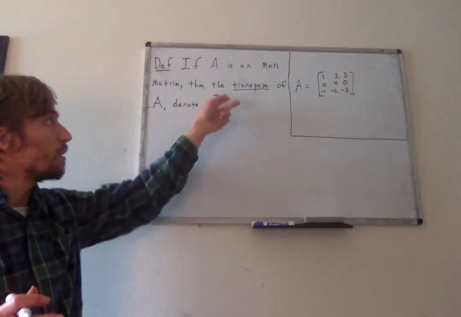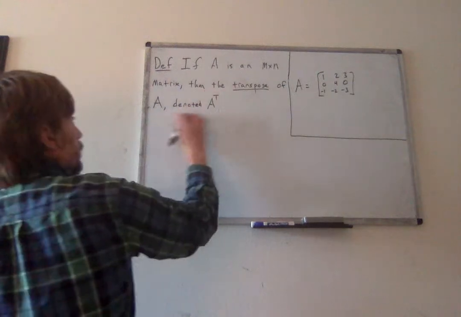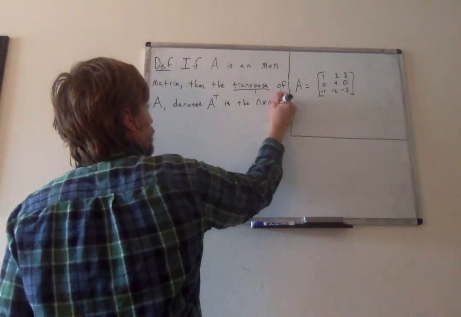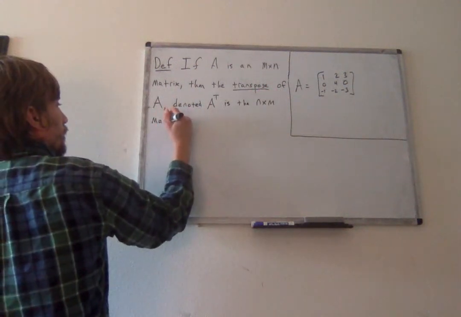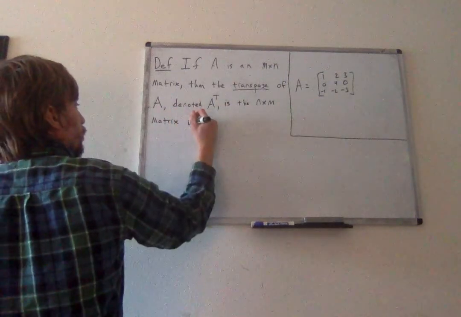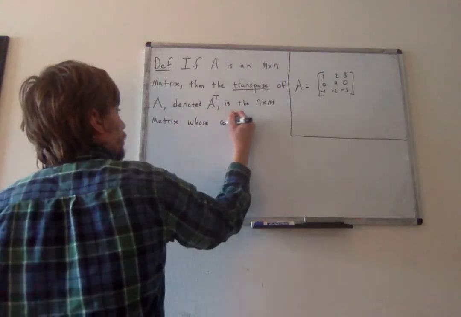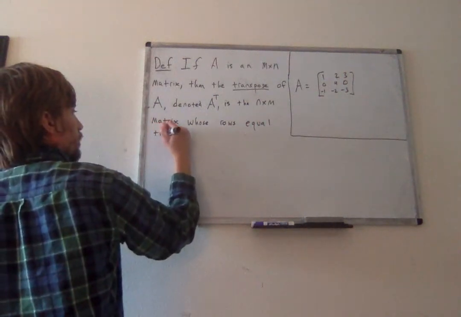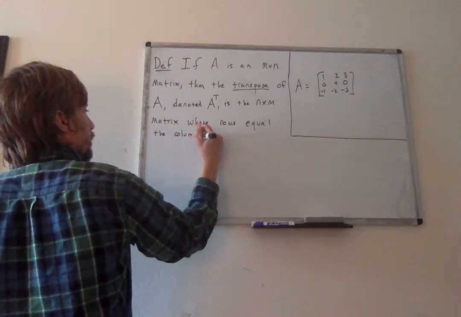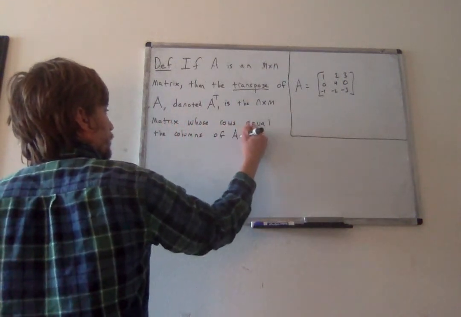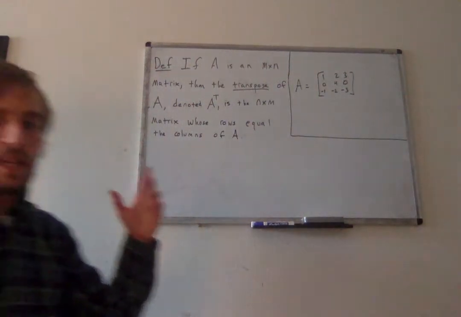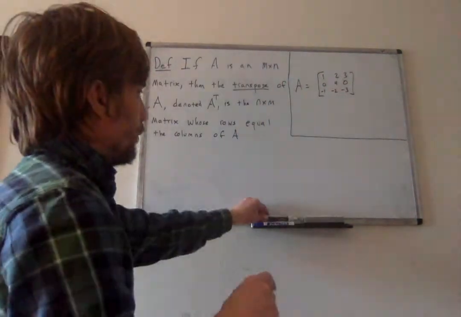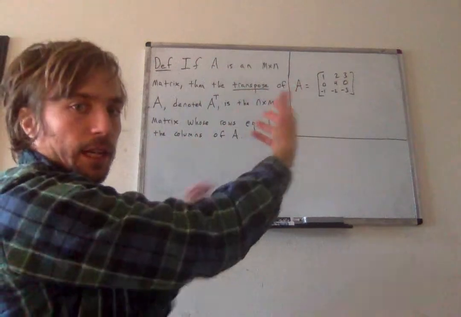A superscript T is the transpose, denoted A superscript T, is the N by M matrix whose rows equal the columns of A. So if you think about it, you're sort of taking a mirror and reflecting A around this way.